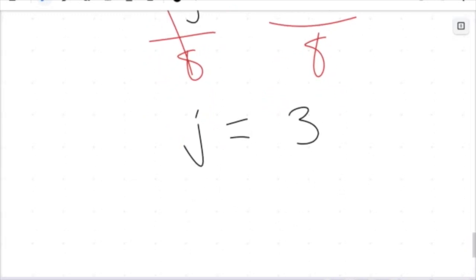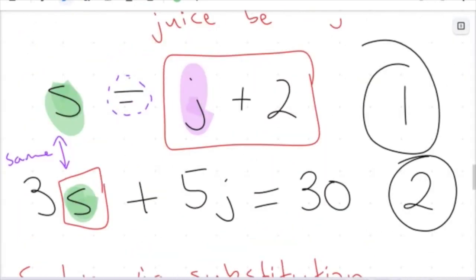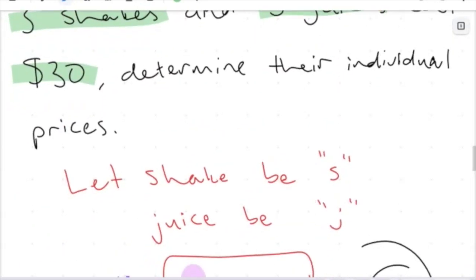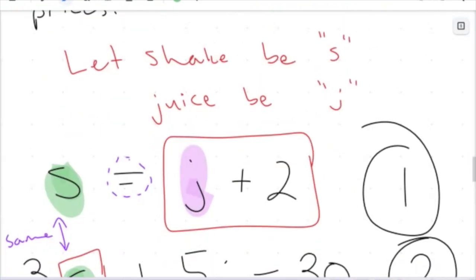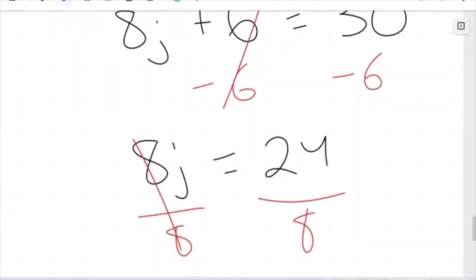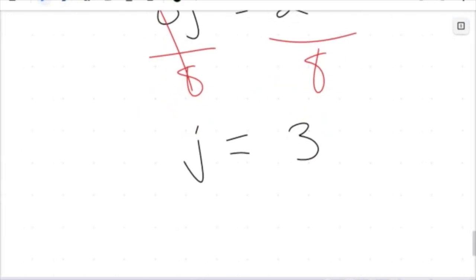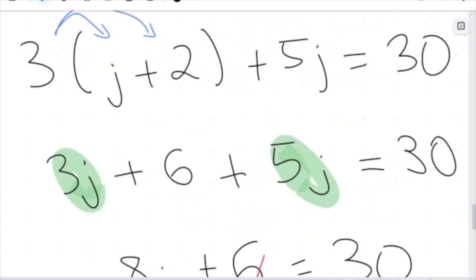Okay, so let's just refresh our memories. What does J mean? Well, we set J to be the price of my juice. So the price here, my J, is actually going to be $3. Okay, and now we want to use this to find the price of my shake.